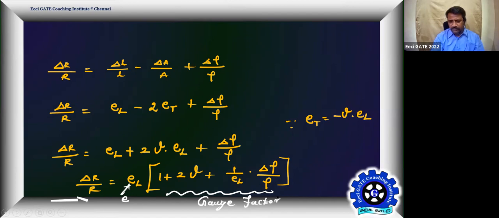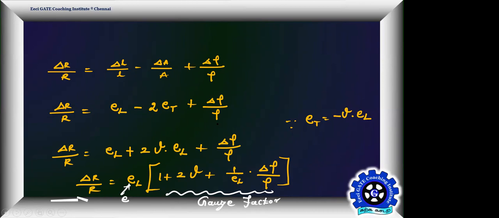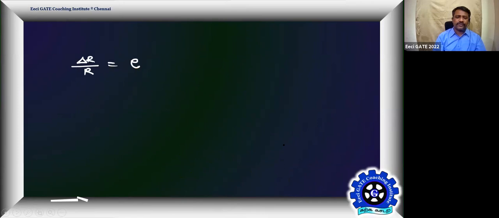All of you getting the point? Yes, sir. That's a strain gauge factor. I'm shortly calling it as a gauge factor of the strain gauge. So that is known as simply either G.F., or it will be given as S suffix G. Okay, sensitivity of the strain gauge factor.